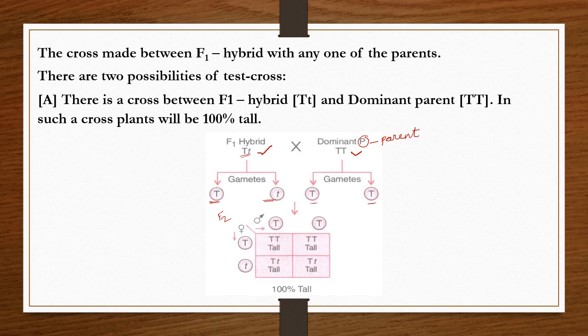But phenotypically, all four plants are 100% tall only. So this is one possibility: when the F1 hybrid is crossed with the dominant parent, all individuals show the dominant character, that is tall.